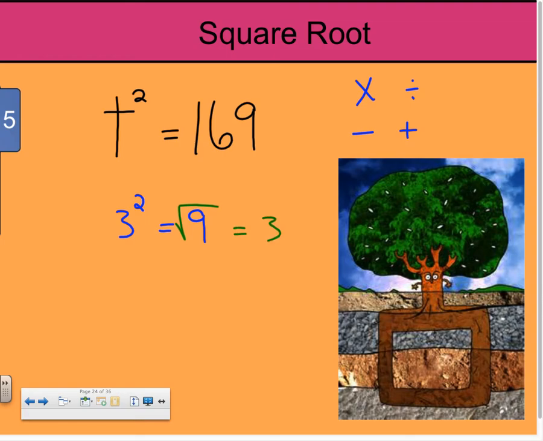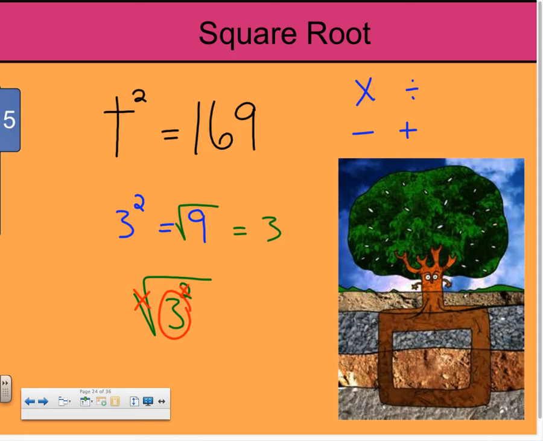So essentially, if I square 3 and then square root it, the squaring and the square rooting will cancel each other out and leave me with my original number. So up here we talked about how multiplication and division are opposites and subtraction and addition are opposites.